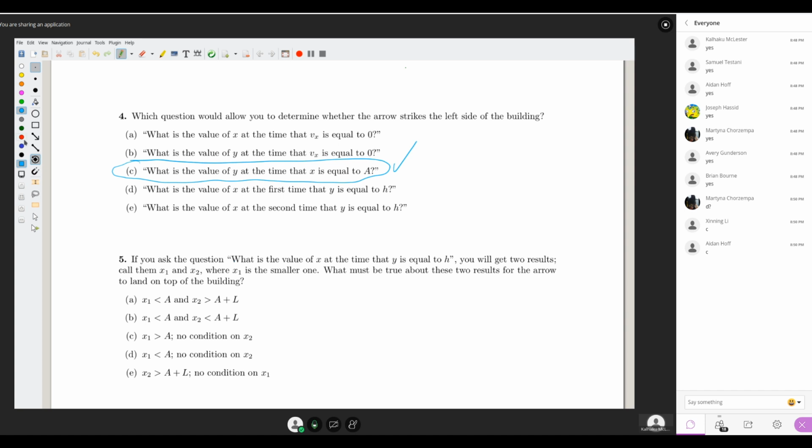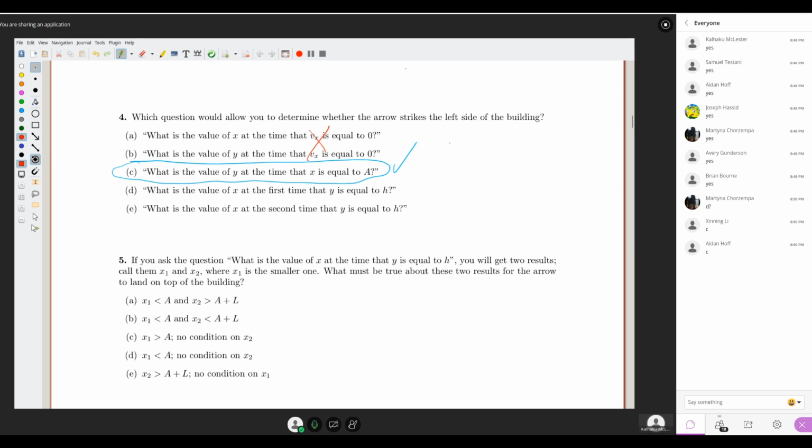So both A and B don't work. We talked at length about why they don't work at the beginning of class. The short version is our x velocity equation, remember, is just Vx equals V naught cosine theta. There's no acceleration in the x direction. The only way we have to calculate anything is to use constant acceleration kinematics.